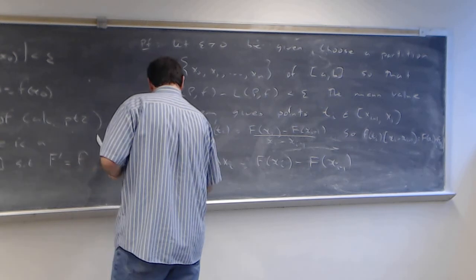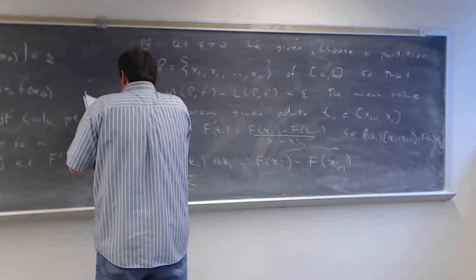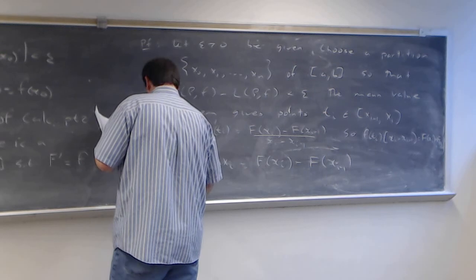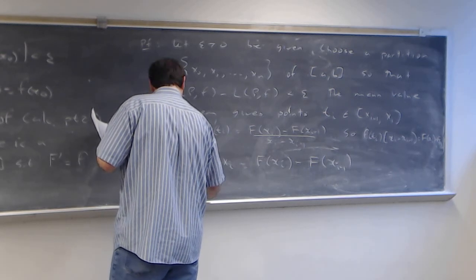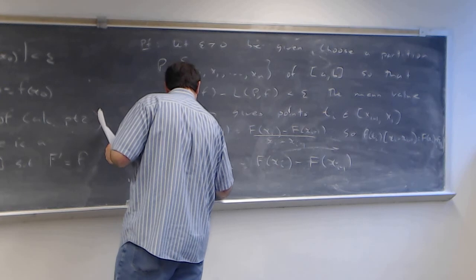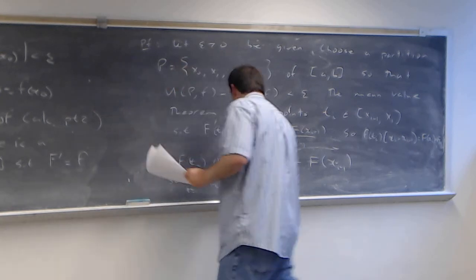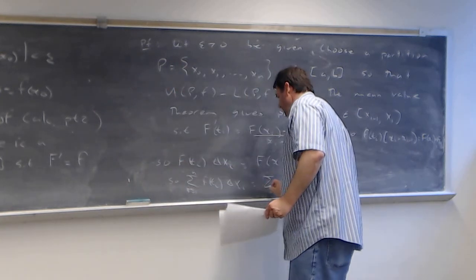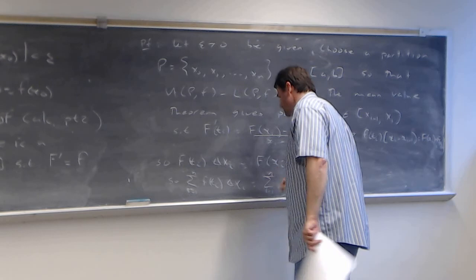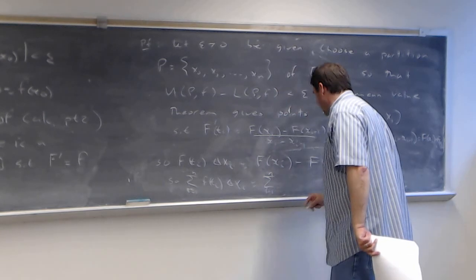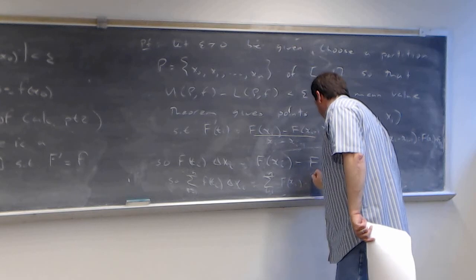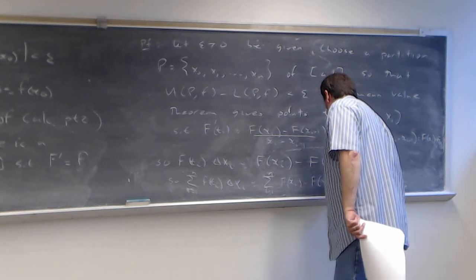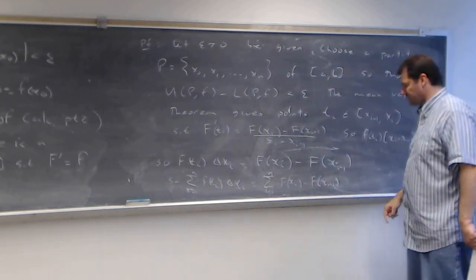So the sum as i runs from 1 to n of f of t sub i times delta x sub i will be equal to the sum as i runs from 1 to n of big F of x sub i minus big F of x sub i minus 1. We've looked at these sums several times before.